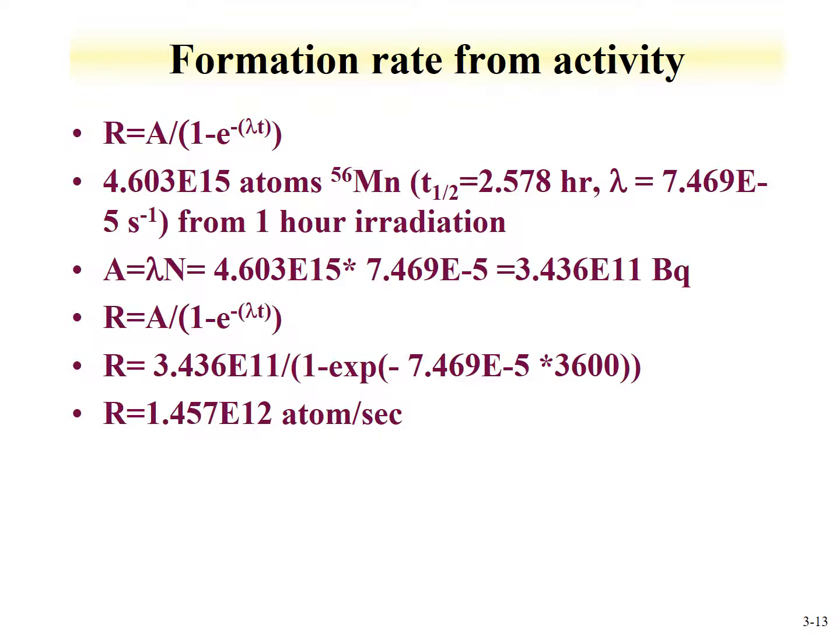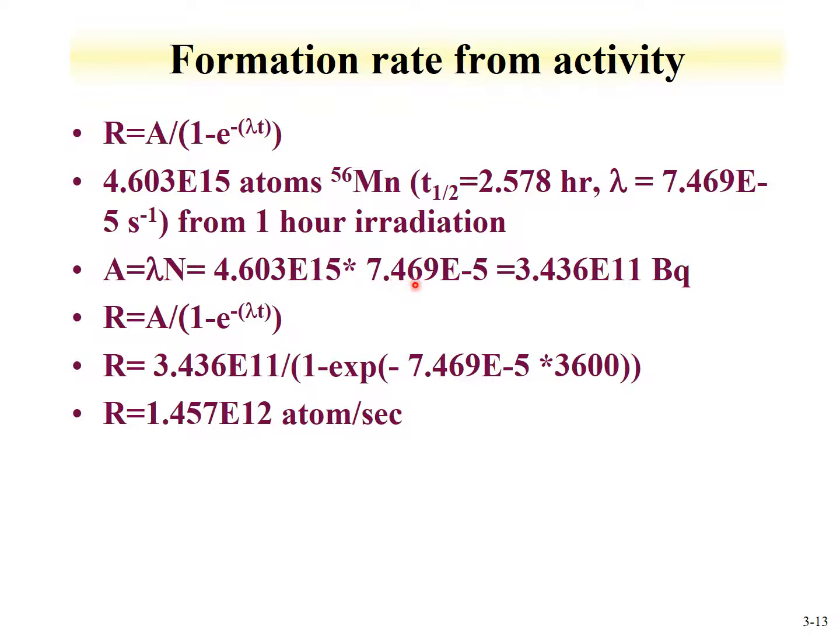As we mentioned earlier, we can actually get the formation rate from the activity. So let's use our previous examples and use the equation that we've already discussed, where the activity divided by the saturation factor gives us the formation rate. If in our previous example we made 4.6 times 10 to the 15th atoms of manganese-56, the activity of that would be equal to lambda N. Well, we have N here.